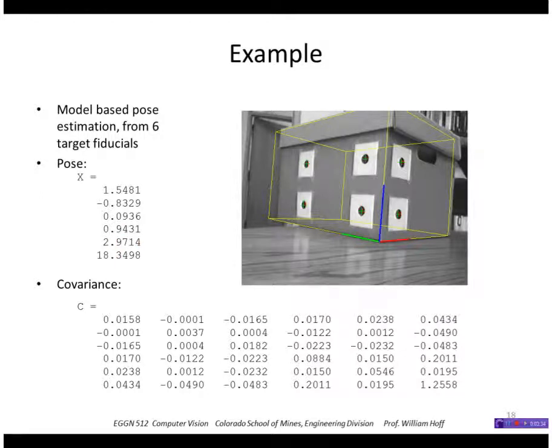So the covariance is the 6 by 6 matrix here, and the diagonals are the most informative, I suppose. This bottom right one is the variance in the z coordinate. Z is of course the line of sight of the camera, and that is the largest. As you would expect, that's the direction along which the error is largest.